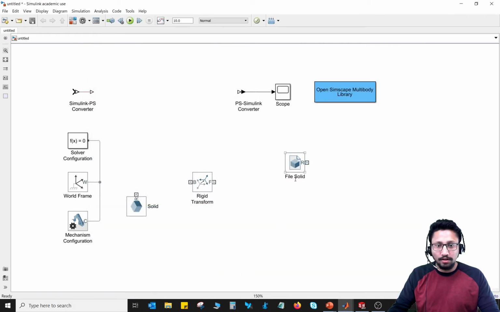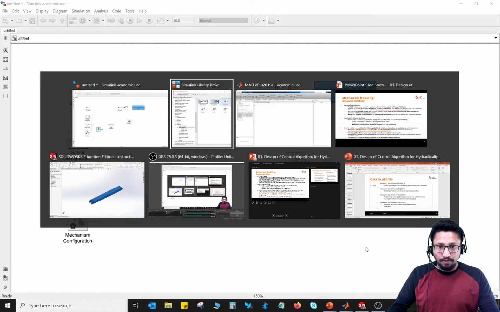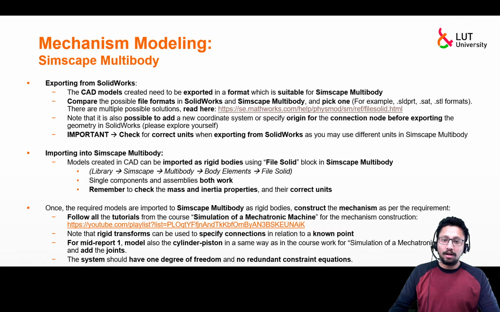You have this File Solid as a rigid body. It is as good as any other solid block like this. If you follow the previous tutorial from the course, simulation of a mechatronic machine, you will be easily able to model this simple mechanism.